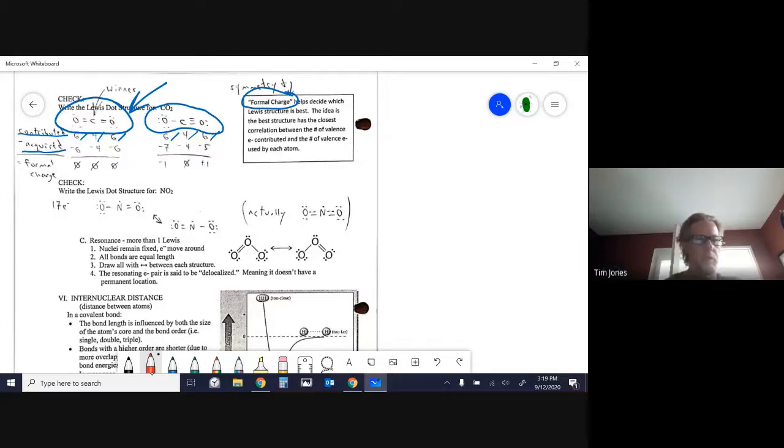So if you look at the left drawing, this oxygen here, it has 1, 2, 3, 4 that it owns. And then the double bond, you give it half of what's available. So there's 4 electrons in the double bond, but you only give it 2 of them.